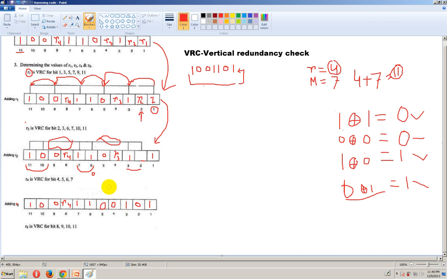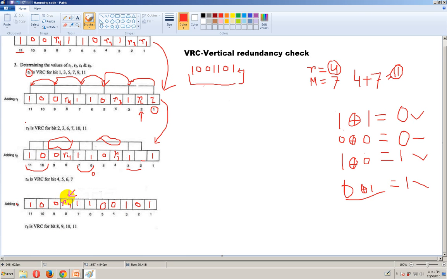Now let's move to r4, and calculate it. The same steps apply, starting from the r4 position. For r4, the rule is to check 8 bits and skip 8 bits.